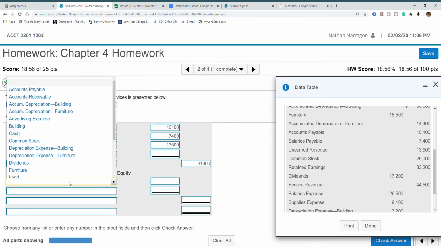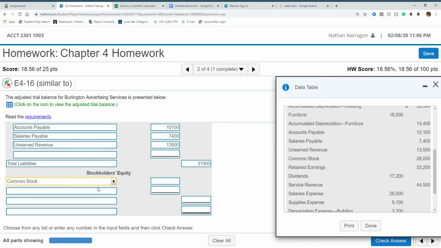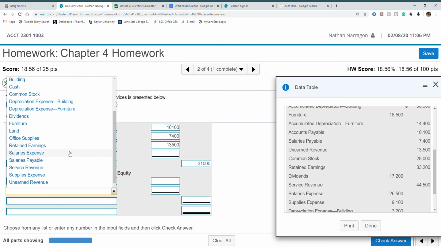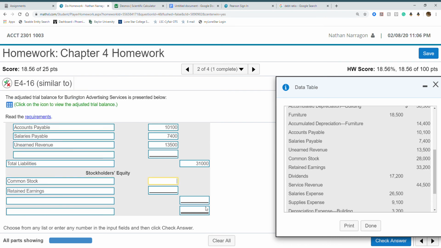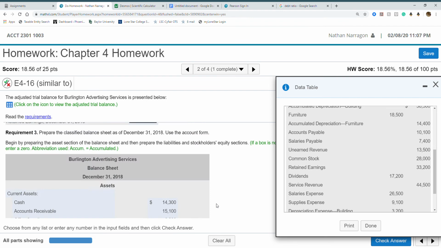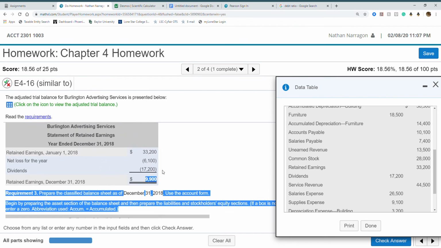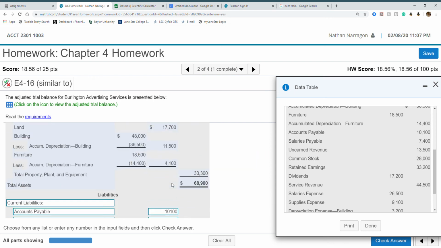Alright, next, stockholders' equity, always common stock and retained earnings. Nothing ever changes there. Common stock, we can pull 28,000. And remember this, retained earnings, you have to go back to the retained earnings statement and pull the ending balance, which was 9,900.